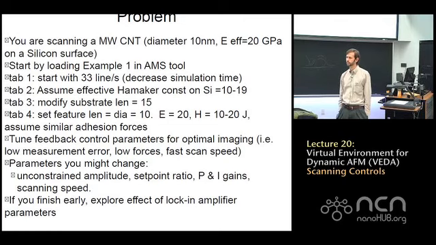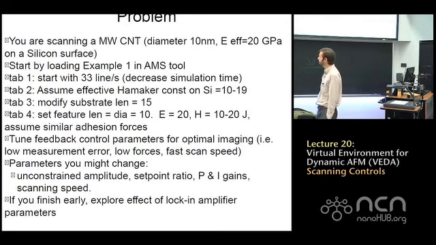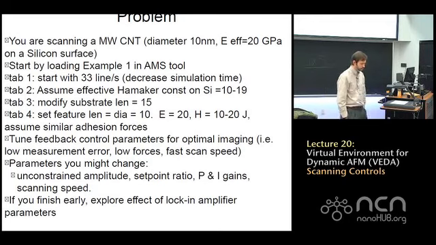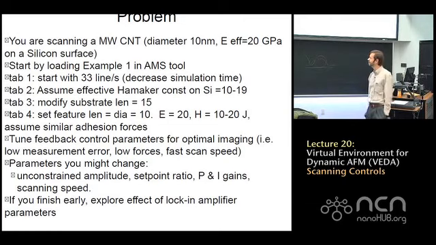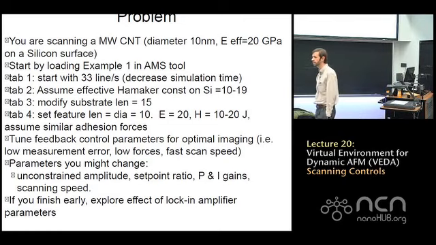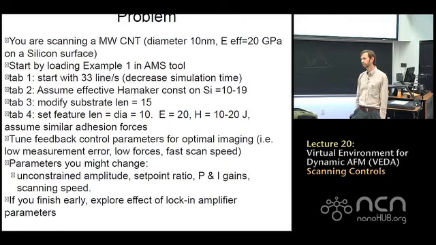So the feeling is, you know, if you have to do this before you do an AFM experiment, you'll never do an AFM experiment. Right? How do you answer that? Well, the idea is that you go through this process and it teaches you about the effects of these different things, and it teaches you the trends in these various parameters, so that when you go in and you do your experiment, you can look at your data quickly.